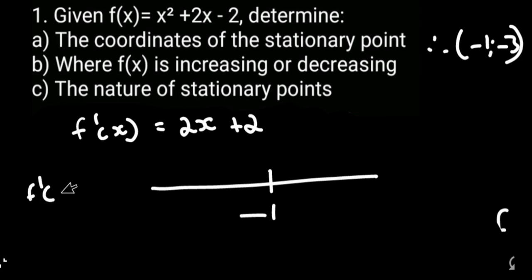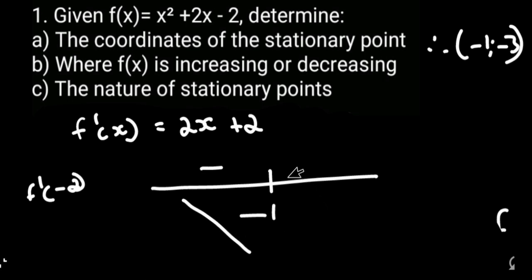First I substitute -2 into the first derivative: 2 times -2 is -4, and -4 plus 2 gives -2. So on the left of the stationary point, the derivative is negative, which means the function is decreasing.